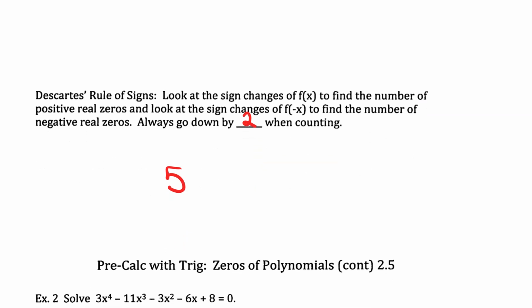That means you would have 5 positive solutions, or 3 positive solutions, or 1 positive solution. There's no way that you'll end up with just 4 positive solutions, for example, on a problem that has 5 sign changes. All right, so that is it for this lesson.